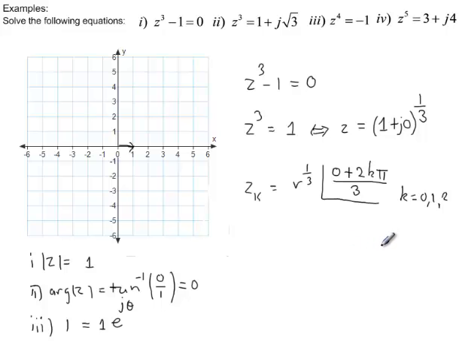Who is left behind? Because this is 0, a lot of people can attempt to get stuck here. Somebody can try to get stuck by saying this is cos of 0 plus j sine of 0.